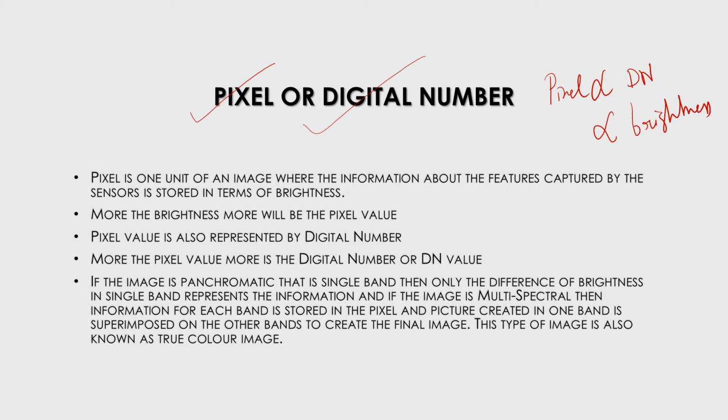No, I would say it is directly proportional to brightness only, and that means it is directly proportional to reflectance. So the more the pixel value, the more will be the DN, more will be the brightness, and more will be the reflectance.